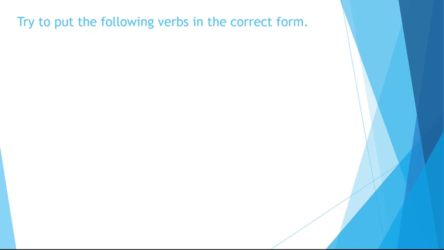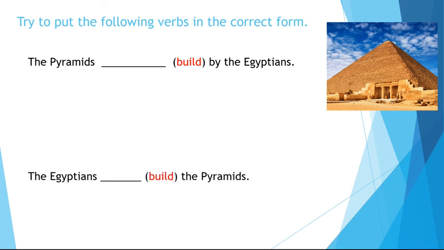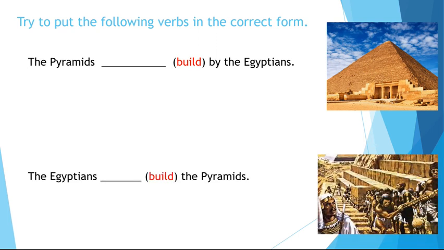Now, let's put your English grammar knowledge into practice by doing the following exercises. Only 2 sentences with the same verb. So what's the difference? The difference is in the beginning. It is the focus. The first one, the pyramids, is the result of the action.